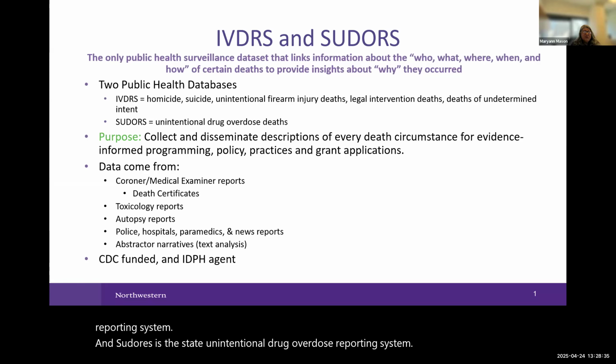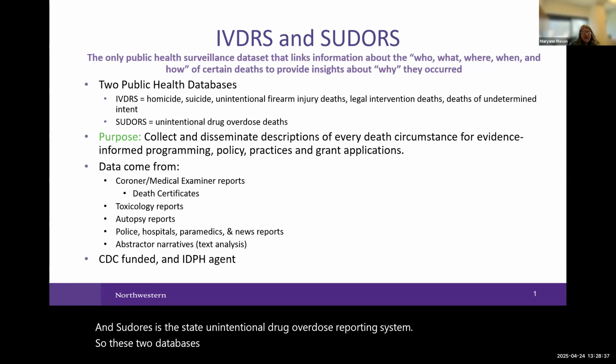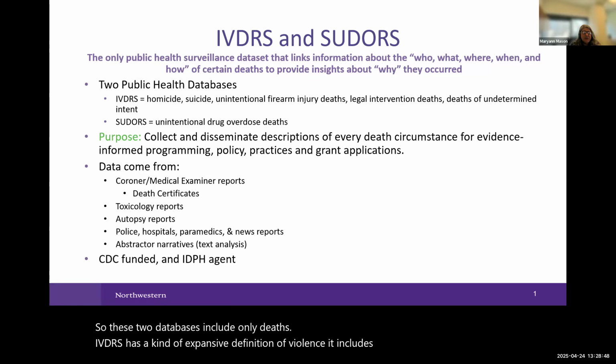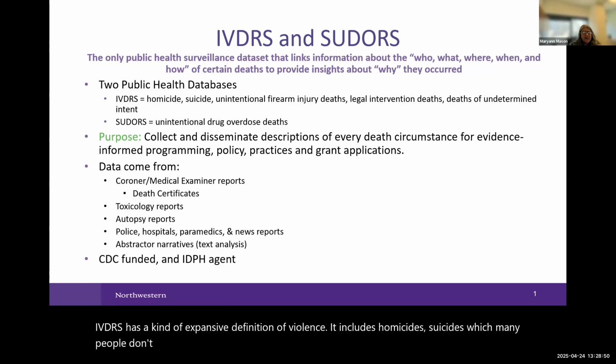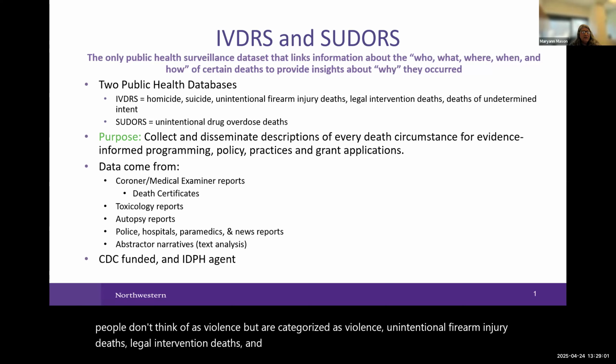So these two databases include only deaths. IVDRS has a kind of expansive definition of violence. It includes homicides, suicides, which many people don't think of as violence, but are categorized as violence, unintentional firearm injury deaths, legal intervention deaths, and deaths of undetermined intent.